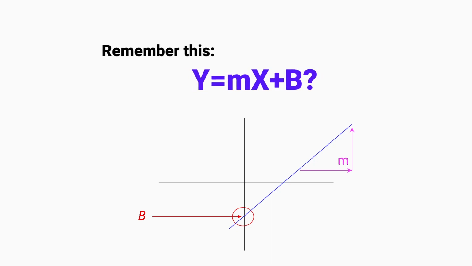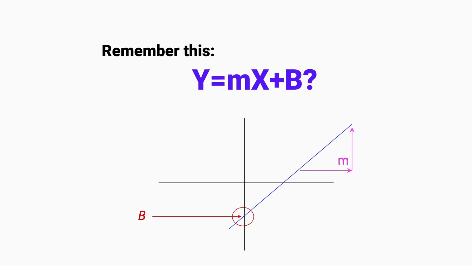Remember this: y is equal to mx plus b, and if we are going to plot this on an x-axis and y-axis, we have a horizontal line and a vertical line. The vertical line would be considered y and the horizontal line would be considered x. Then we are going to plot this, and that is where m comes in.